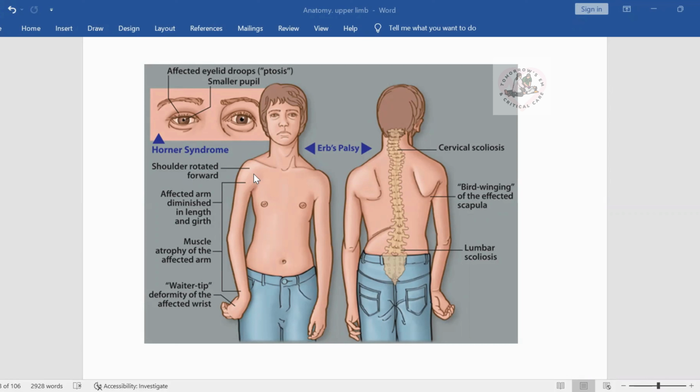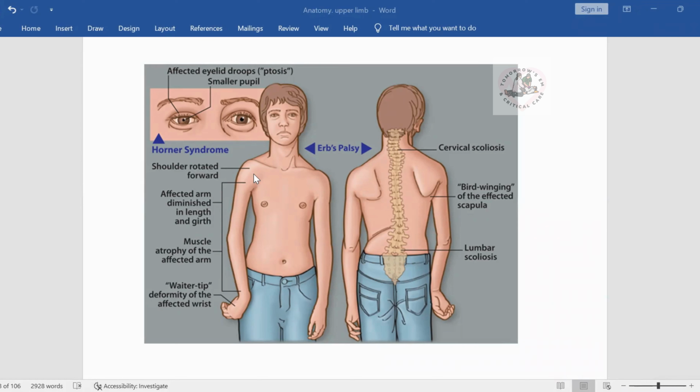If it comes in your exam: in Erb's palsy musculocutaneous nerve is involved, true or false? True. In Erb's palsy there may be gross atrophy of biceps brachii. True. No, false. Why false? All of them will be atrophied, sorry, true. All three should be atrophied. True. Right now you are making a twist.